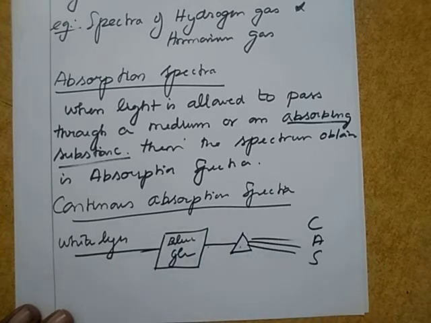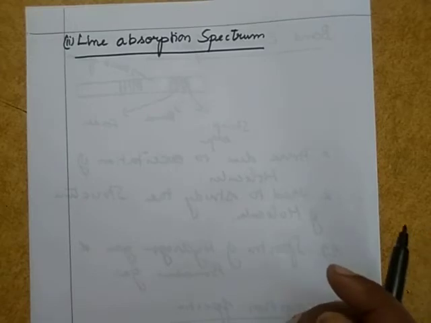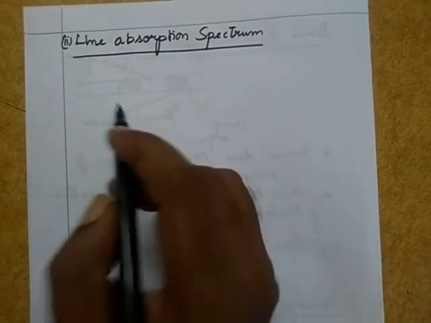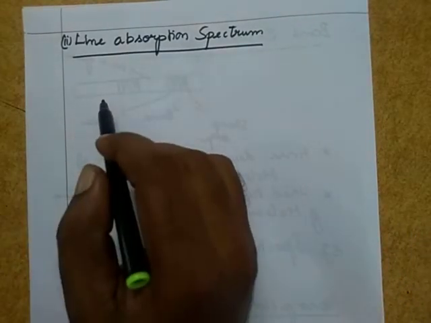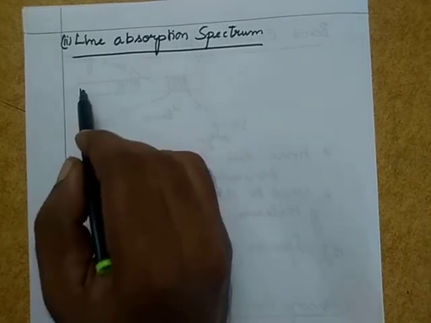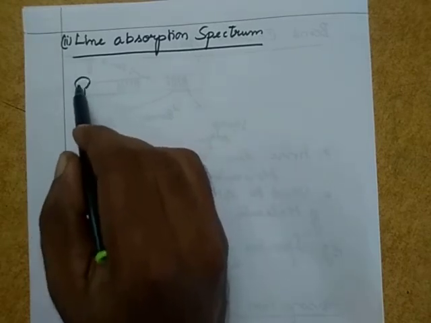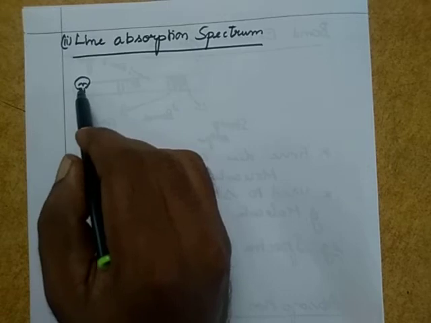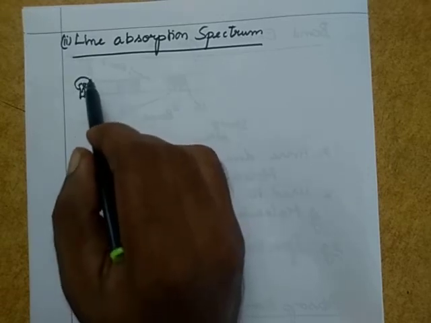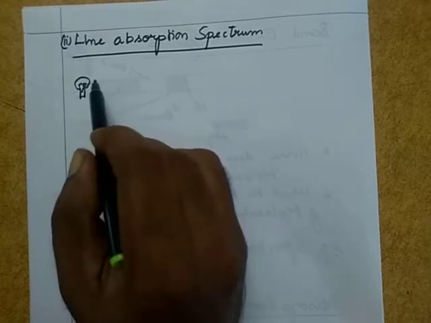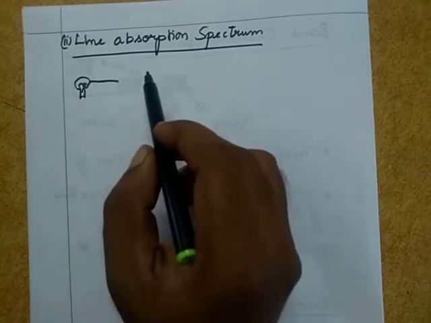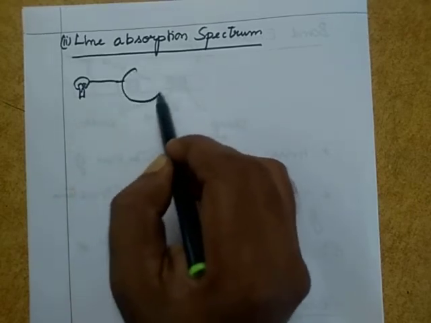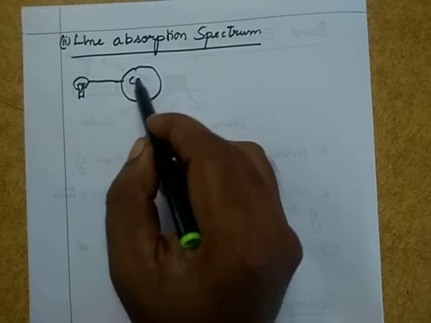Then line absorption spectra. Suppose light from an incandescent lamp. We know an incandescent lamp glows or emits light by applying heat. The light from the incandescent lamp is allowed to pass through a medium, here a cold gas medium.